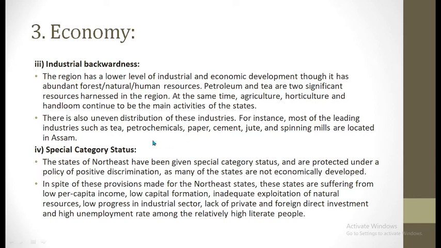Moreover, the distribution of industries is also uneven because most of the industries are concentrated in Assam. Because of its backwardness and its geographical isolation, the northeastern states are often given special category status.